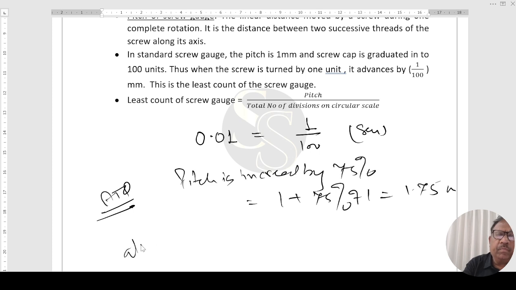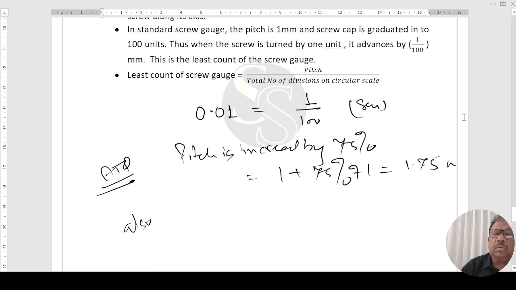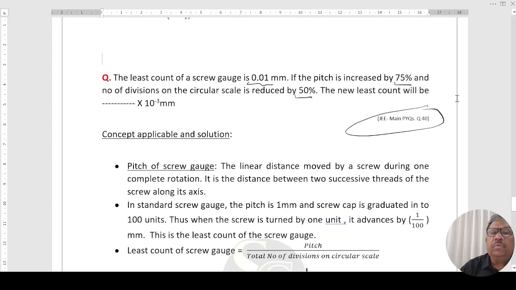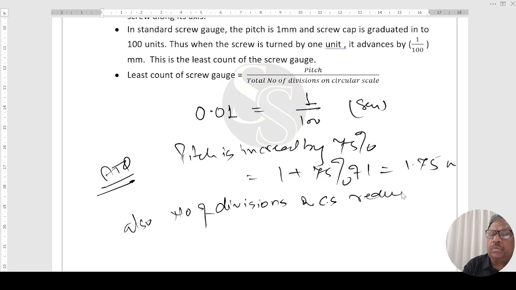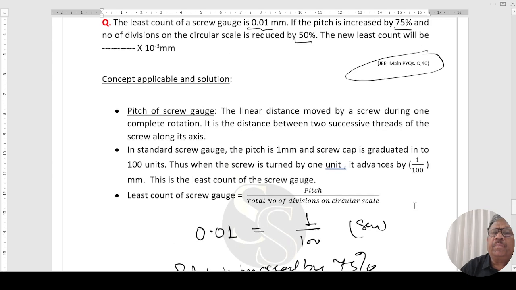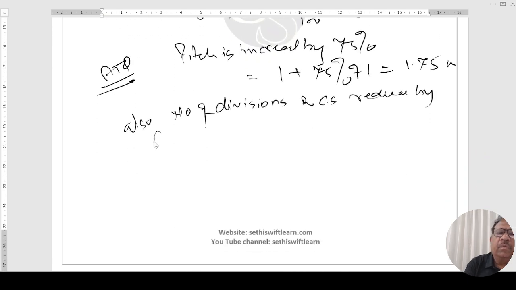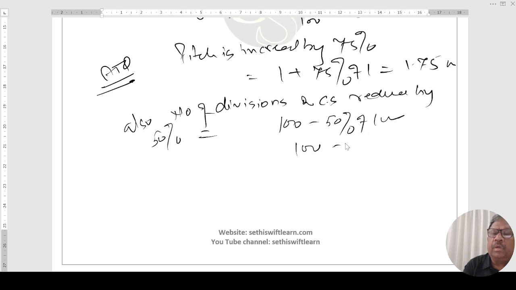And also the number of divisions on the circular scale is reduced by 50%. That is, new number will be 100 minus 50% of 100, that is 100 minus 50, that is 50.